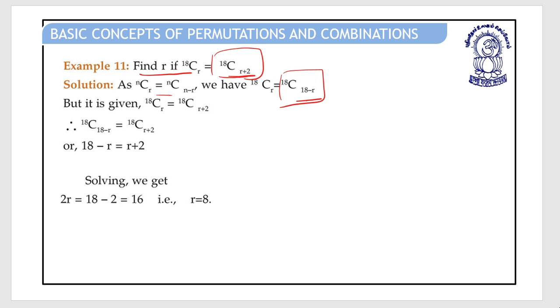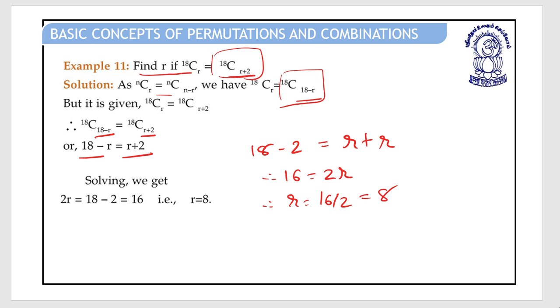So 18C(18 minus r) is equal to 18C(r plus 2). So 18 minus r is equal to r plus 2. 18 minus 2 is 2r. So r is equal to 16 by 2, which is 8. So r is equal to 8.